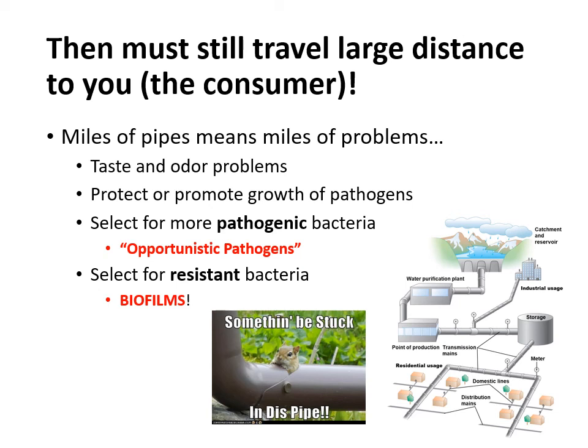Competition has been taken out, and they can be problematic, and they can get you sick. The other big problem with all of these pipelines for bringing that water to you is they ultimately select for resistant bacteria and biofilm growth.